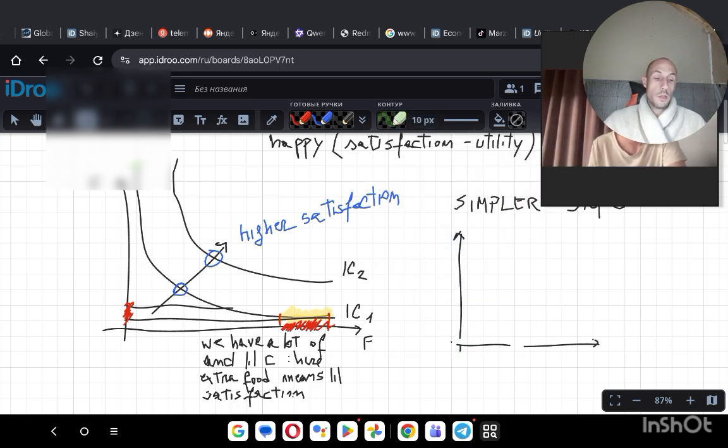Okay, this is plain and simple microeconomics. Okay, now let's get here. We make it simple, so we put again food and clothing, and this time we use this type of indifference curve.